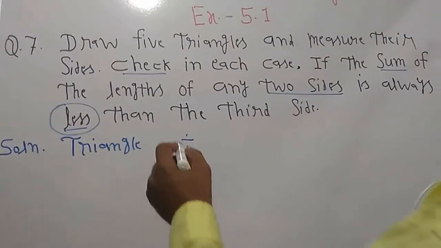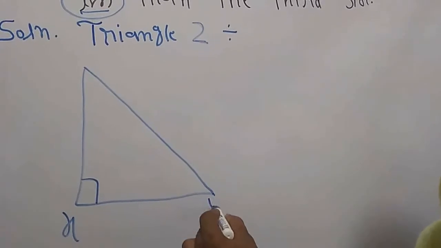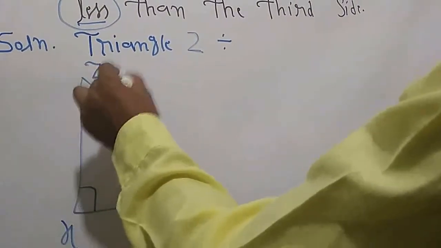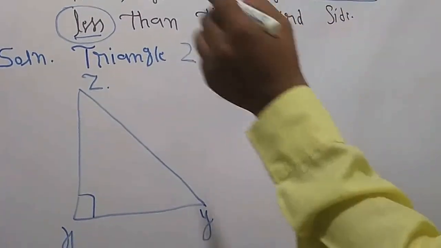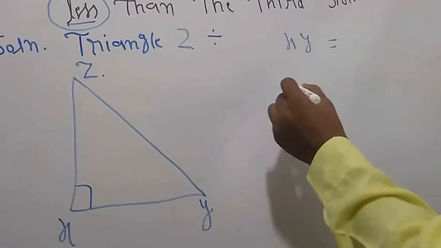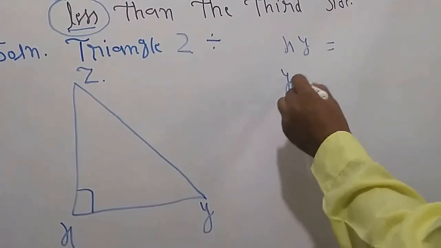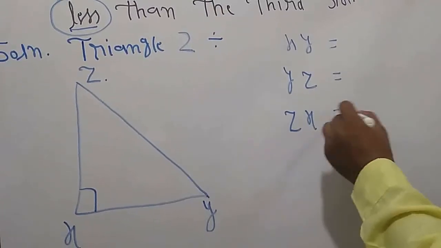Now the triangle number 2. It is the triangle XYZ. Suppose it is a right angle triangle. So here we write the measurements of XY, YZ and ZX.